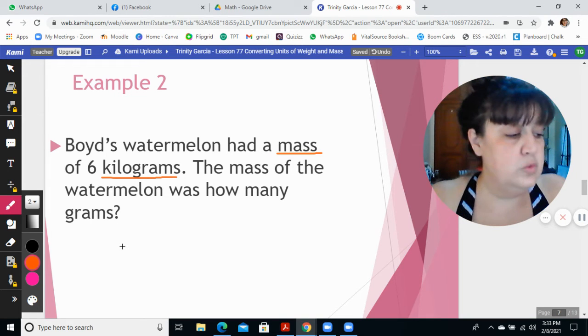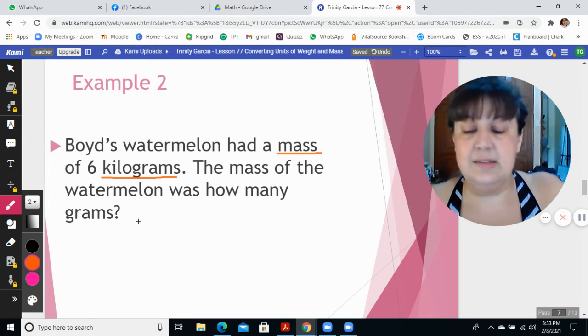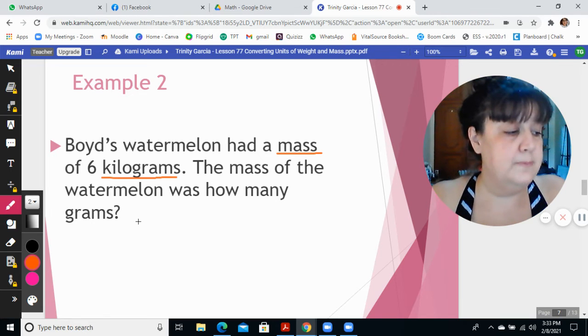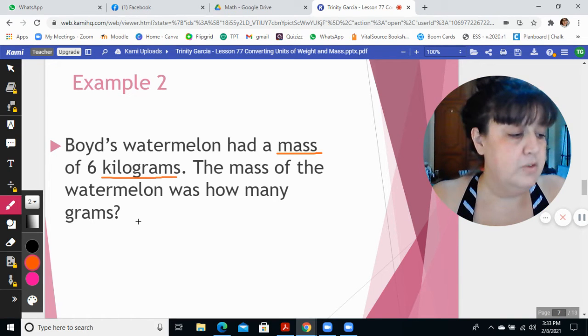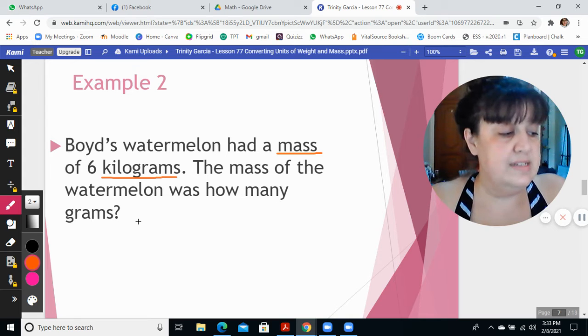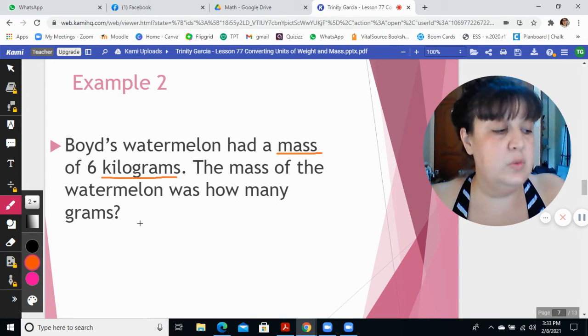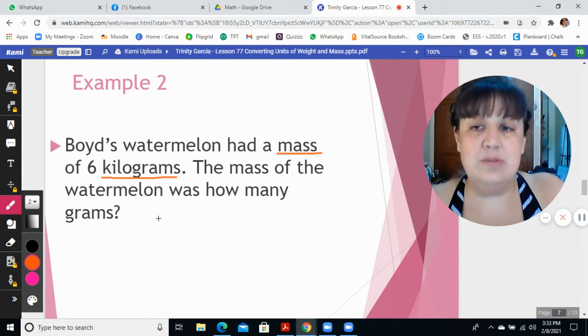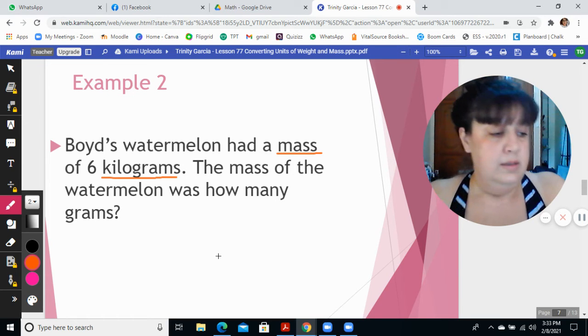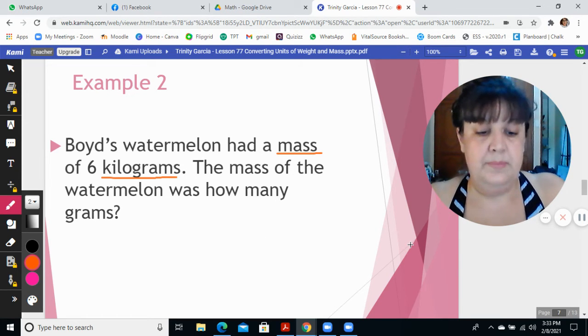So we need to do 6 times 1,000. So the watermelon weighs 6,000 grams. If it weighs 6 kilograms, it weighs 6,000 grams. So we got one heavy watermelon there.